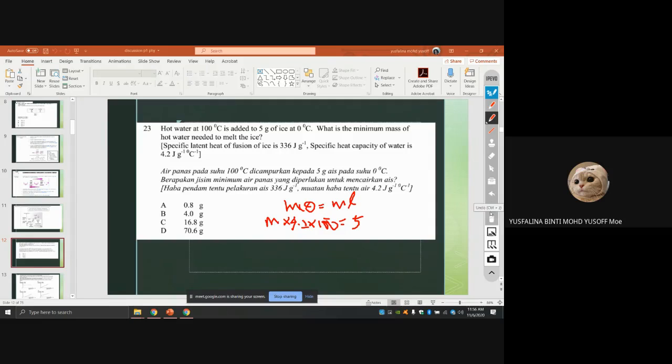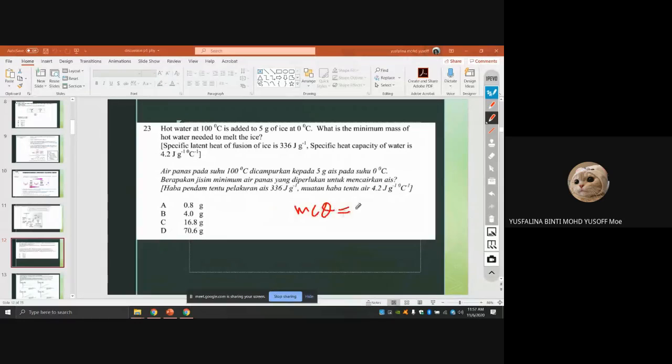Wait, I calculated it wrongly here. mc theta is equal to ml. What is the minimum mass of hot water needed to melt the ice? So ice is 5 here.